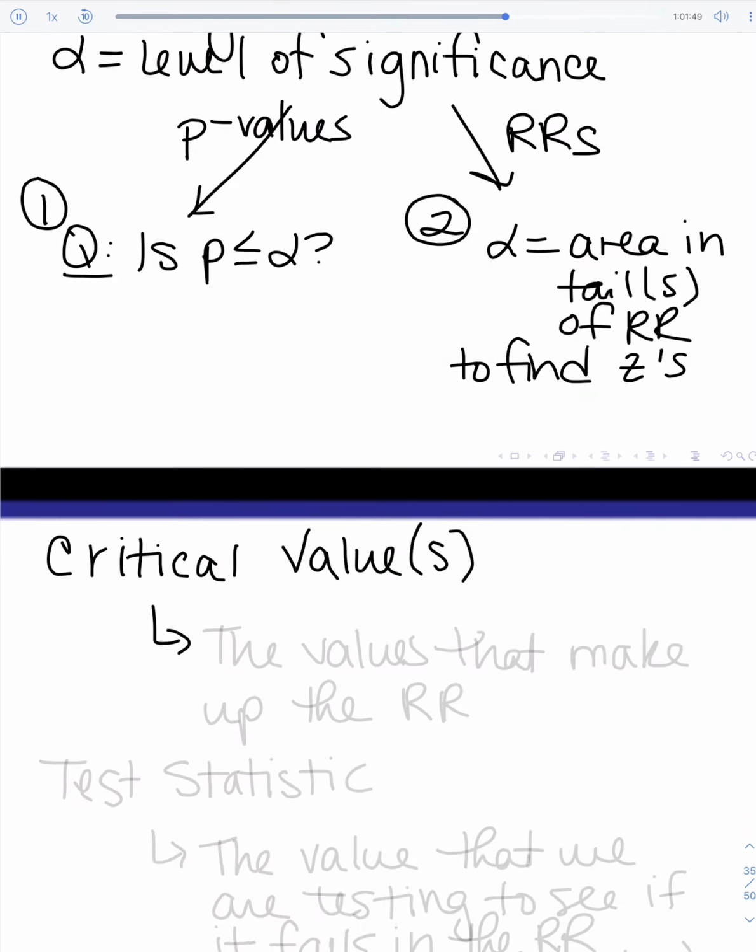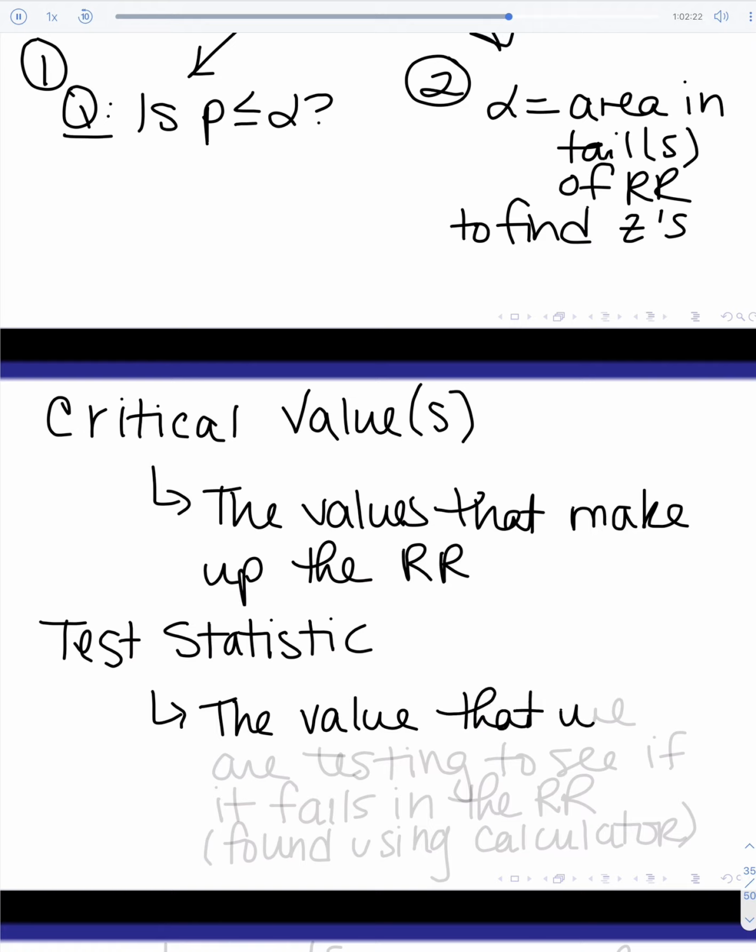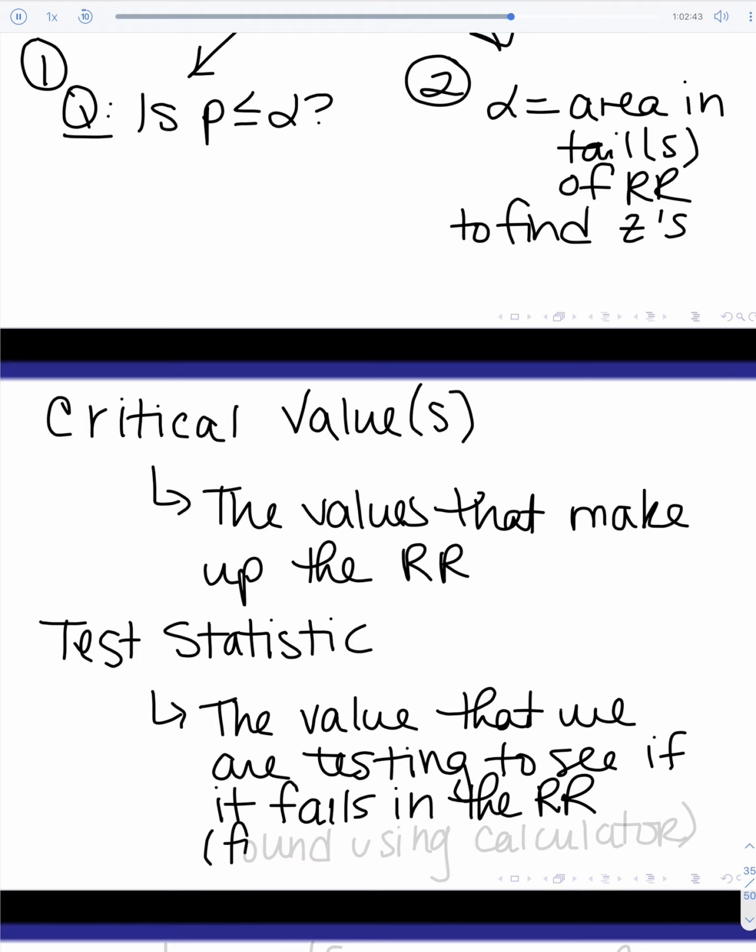Whereas a test statistic is the value that we are testing to see if it falls in the rejection region. And this is usually given, for this chapter, or for this section definitely, it's found using your calculator.